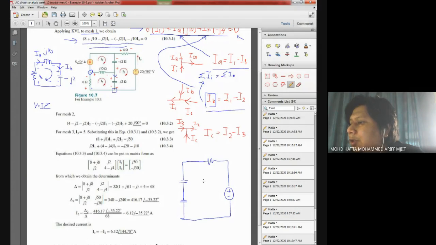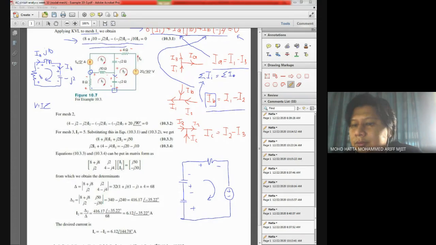Since the current is flowing in that direction, I'll label my voltage drop in this direction, with this polarity. Okay, and maybe I use a different color.